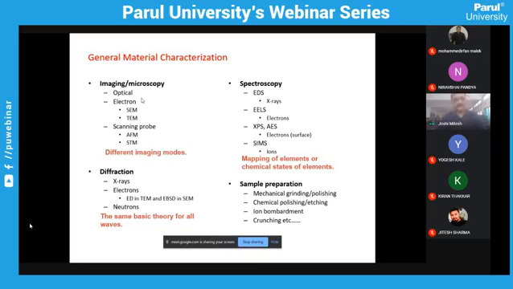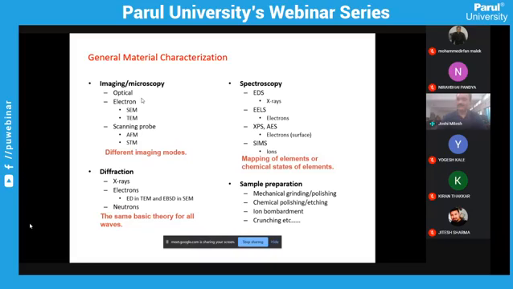Obviously, in a chemical characterization, you need to identify what is present inside the material, like what chemical element is present, what chemical groups are present, what type of bonding will be there, what will be the thermal temperature, what will be the other chemical properties of the material.